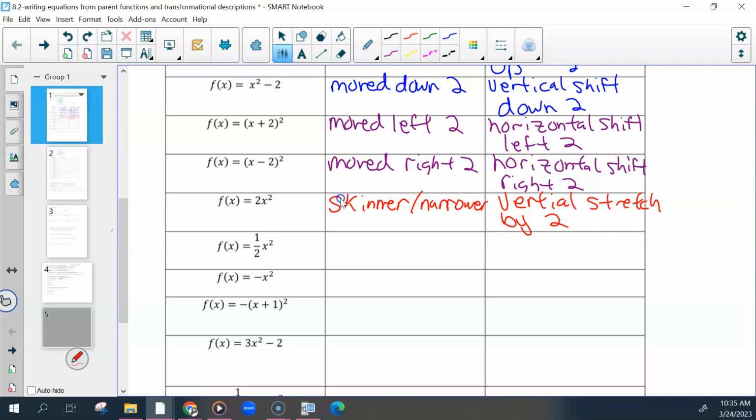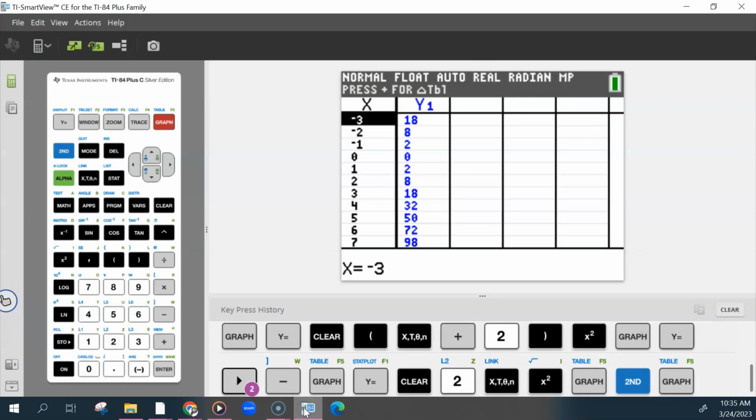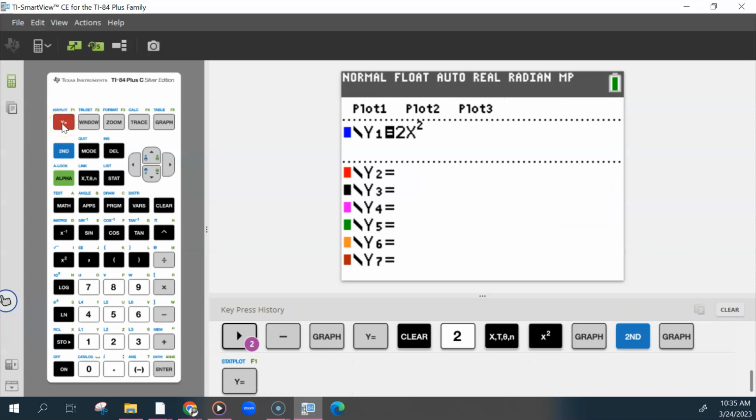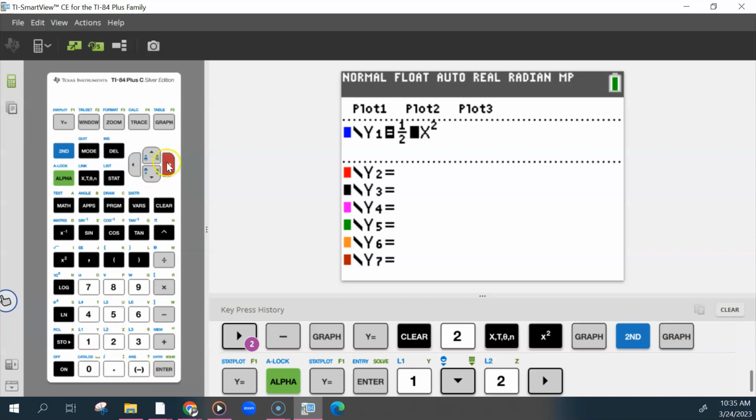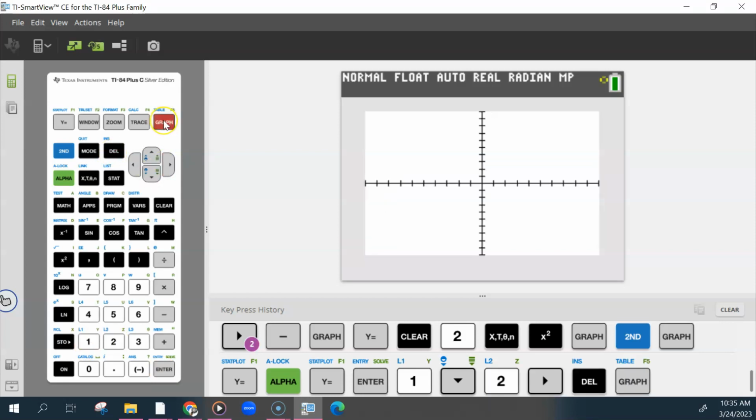Then we can probably assume that this would be the opposite, but let's see it first. So go ahead and put this one in your calculator. What did that one do? Got wider.